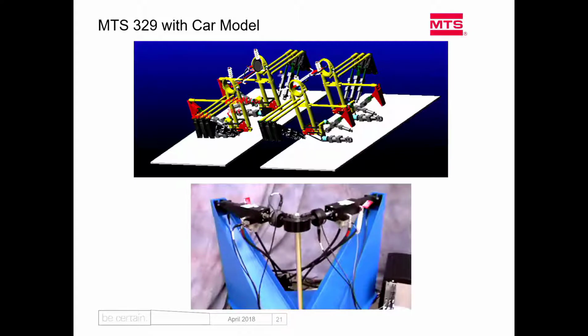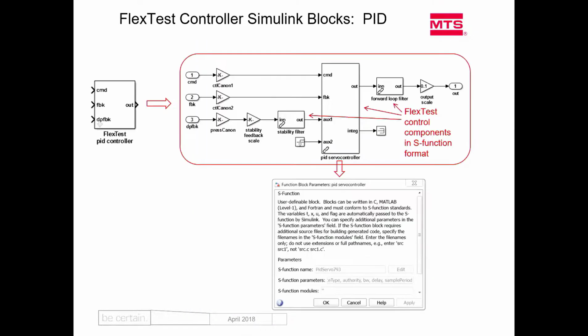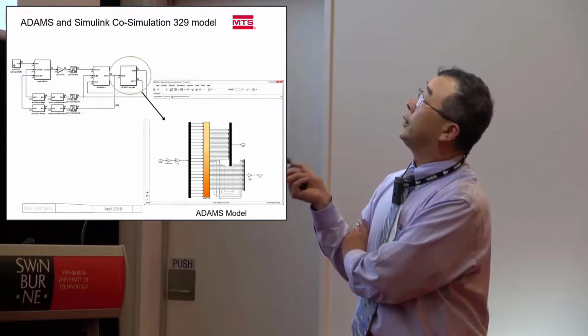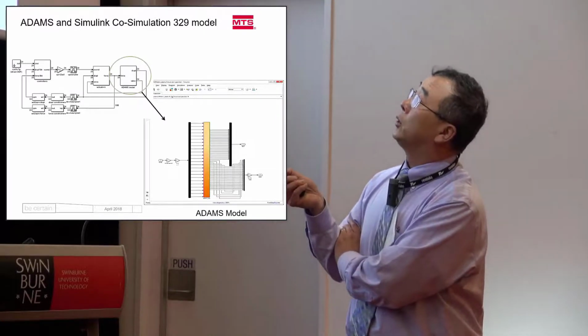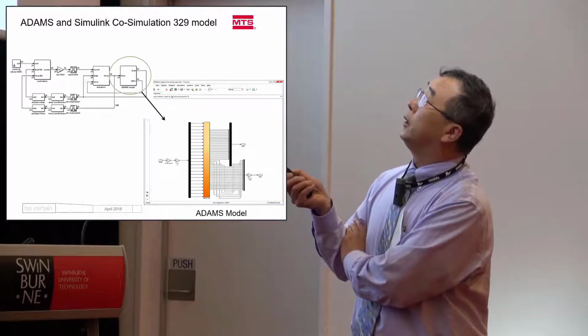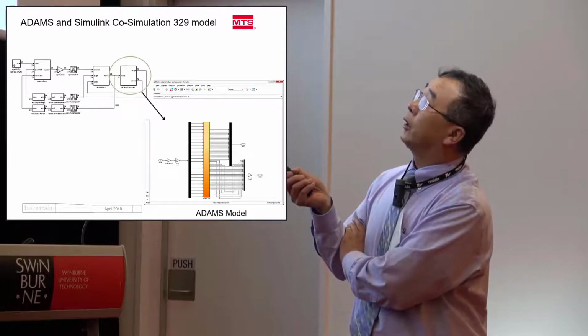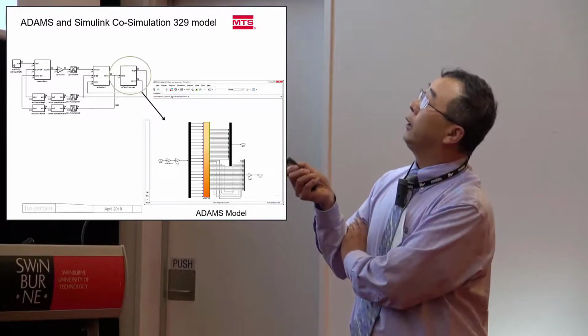It has 24 actuators. It has a matrix control, a very, very complicated control. So it has 24 actuators and servo valves. So all those things are inside this model. So the controller has 24 control channels, and all the control parameters, filters, everything is in here.